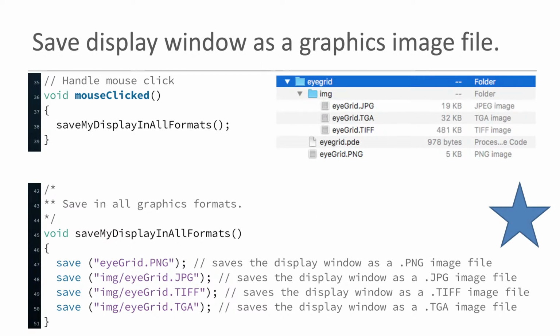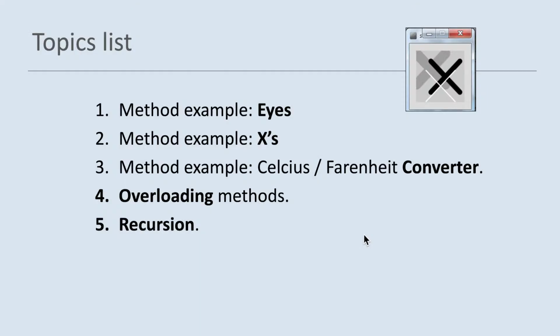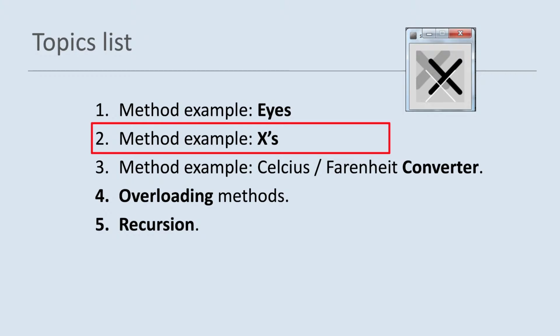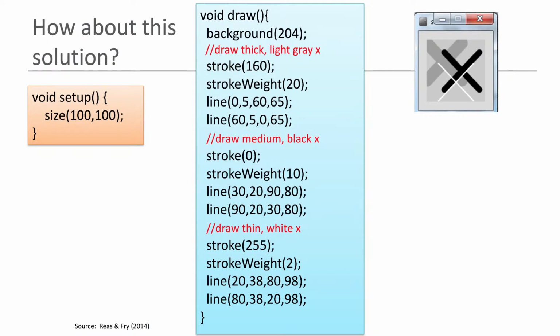Okay, so we'll move on. We also have the X's example. The X's example drew 3 X's on the screen. We have the light grey one, the black one, and the white one. If we hard code it, we get a very long draw method.